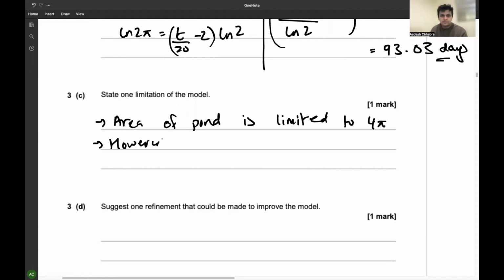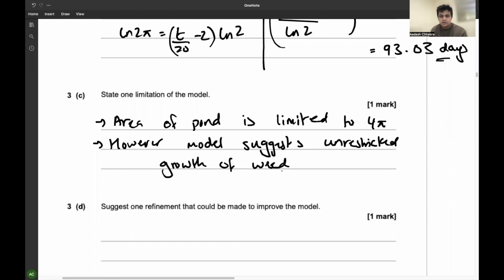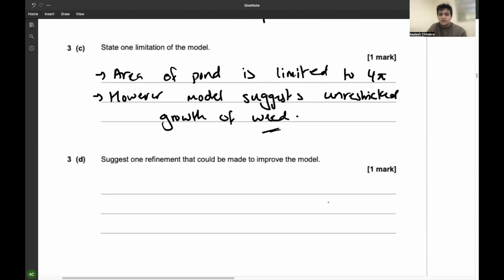However, the model suggests unrestricted growth of weed. And that should be enough to get you that 1 mark.